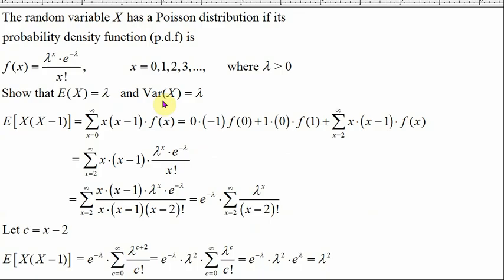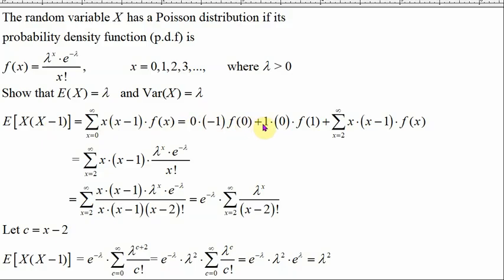And to show that the variance of x is equal to lambda, first let's find the expected value of the expression x times x minus 1, which is the infinite sum of x times x minus 1 times f of x. And then here I'm going to write out the first two terms. When x is 0, we get 0 times negative 1 times f of 0.